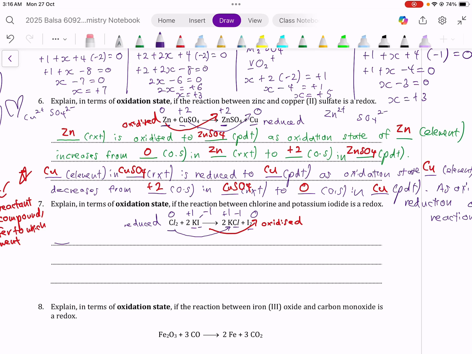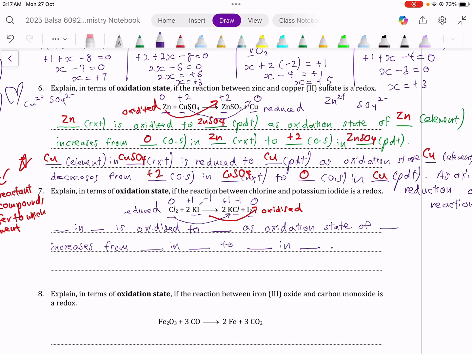This I is oxidized to which product, so you follow the template in the first example: as oxidation state of which element increases from the oxidation state in which reactant to the oxidation state in which product. So follow the first example for the template.